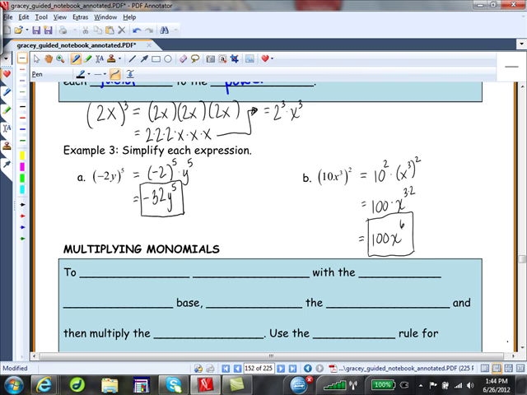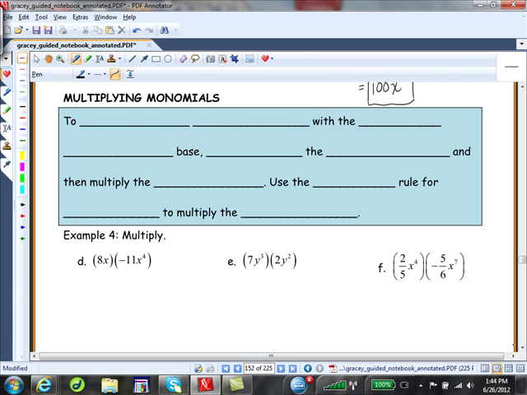All right, so now we have all the information we need to be able to multiply monomials.